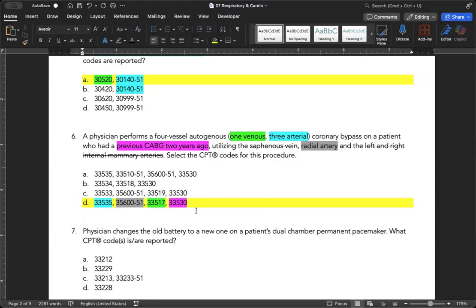They're add-on codes. Yep. So remember, your add-on codes are not going to have your modifier 51, whereas 35600 is the only one that is not an add-on code, at least from a sequencing standpoint, right? The first one is an add-on code. Yep.